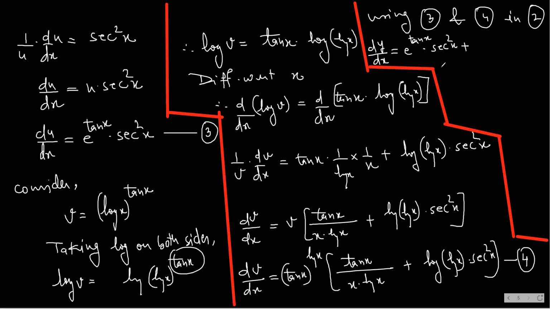I'll try to manage to write in this only: log x raised to tan x in another bracket, tan x upon x log x plus log of log x into sec square x, and the bracket completes. This is your final answer.